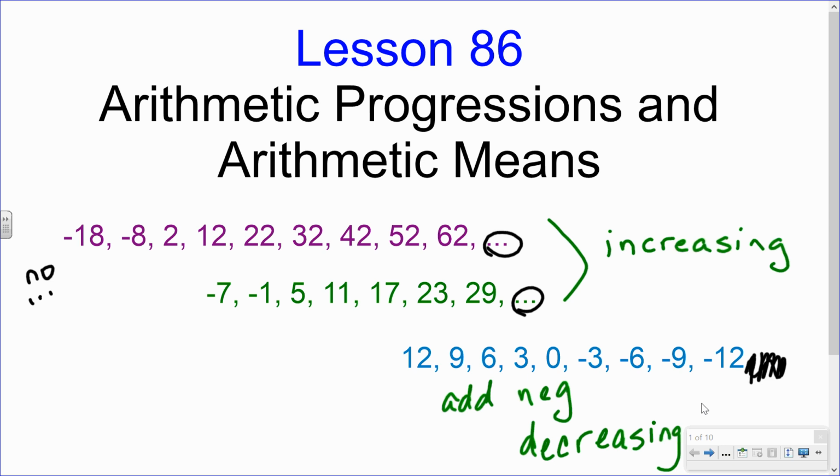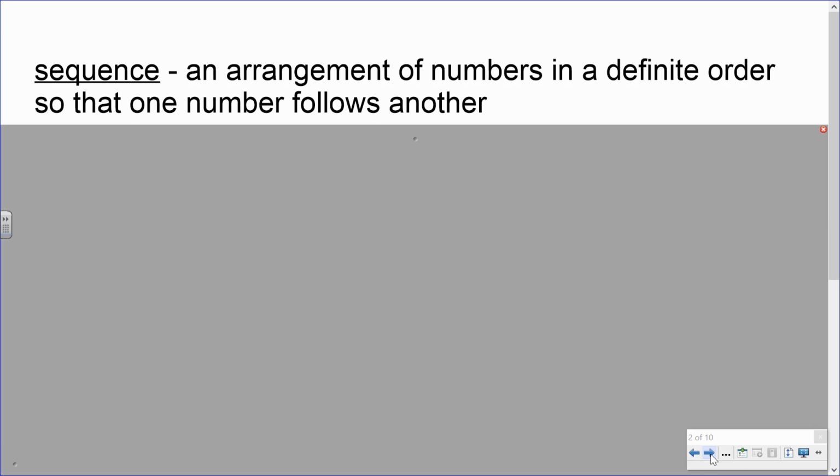So let's formalize some of these definitions and get these written down in your notes. A sequence is just some arrangement of numbers with or without a pattern in a definite order. That means we have a first term and we call it A1. We have a second term in the list and we call it A sub 2.